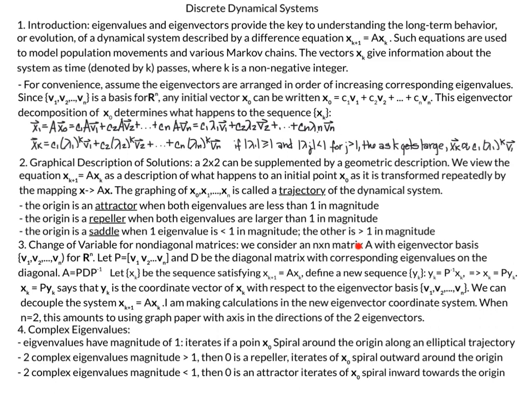Next, we talked about change of variables. So we can consider an n by n matrix with an eigenvector basis, v1, v2, up to vn, for Rn. And then our change of basis matrix P could be equal to the eigenvectors v1, v2, up to vn, and D is a diagonal matrix with the corresponding eigenvalues. Then we'll see that A is equal to P D P inverse.